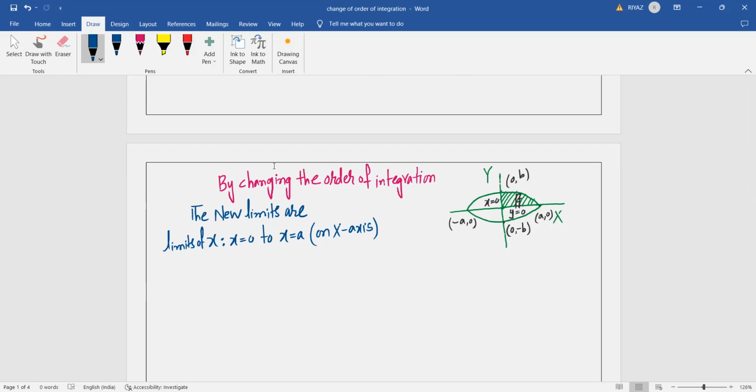Now, limits of y. Look at the lower limit of the strip: y is equal to 0. Now, if you are confused about the upper limit, we have our ellipse: x square by a square plus y square by b square is equal to 1.